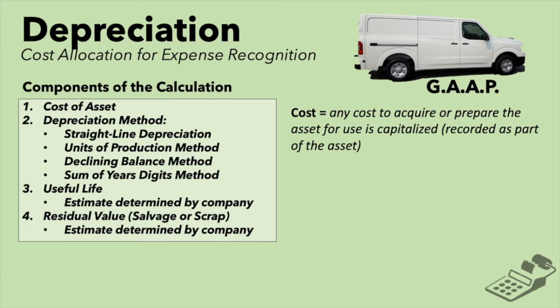If we have to pay for decals to be put on the van, or the delivery vehicle here for our florist, those would be considered a part of the cost of preparing it for use, and so it would be included. If we had to have the engine overhauled for some reason, those costs would likely be added to the cost of the asset.